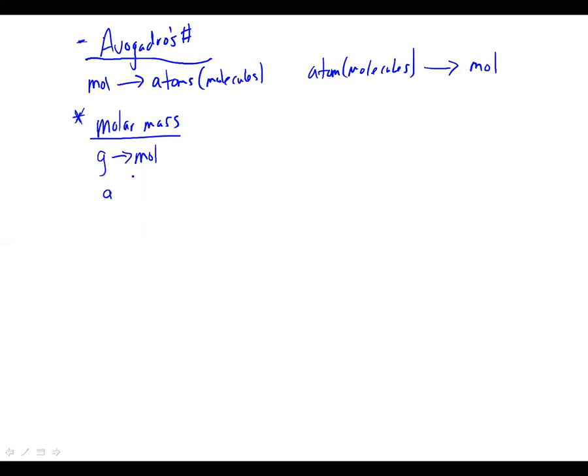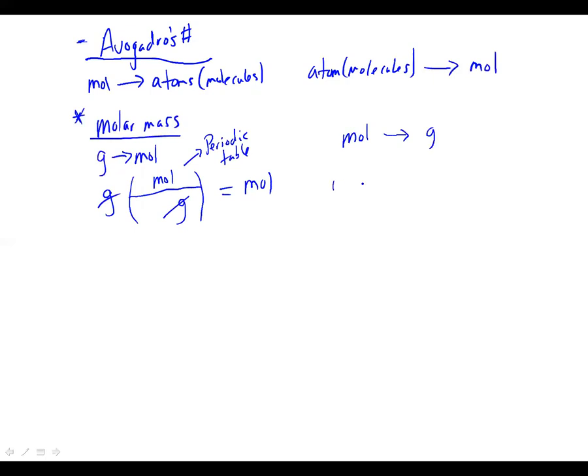So if we start with the grams, we would divide by the molar mass from the periodic table. And obviously here the grams would cancel out, and that would get us moles. And if we started with moles and we wanted grams, we would still use the molar mass, except that we would essentially be multiplying by the molar mass.